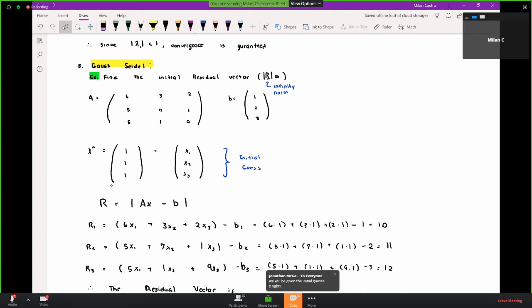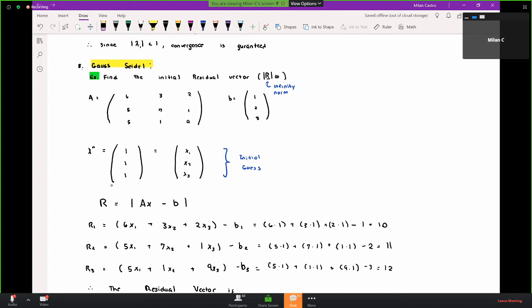So the formula stays the same for the residual. We have R equals absolute value of AX minus B. So I have R1 equals 6 times X1 plus 3X2 plus 2X3 minus B1. So that's going to give us 6 times 1, that's going to give us 10. And then R2, it's just the same thing.